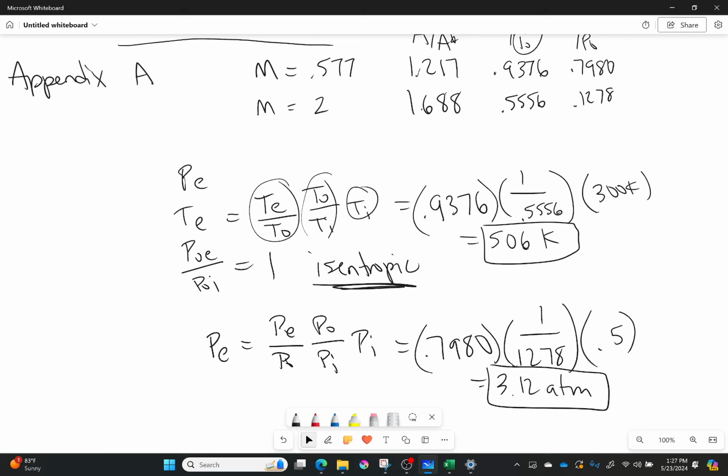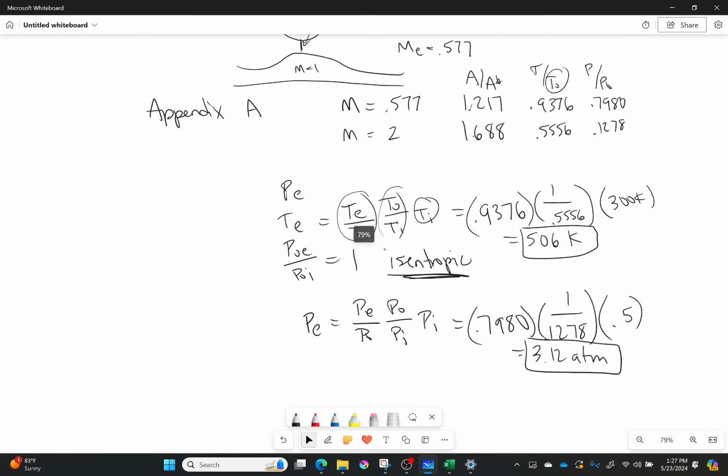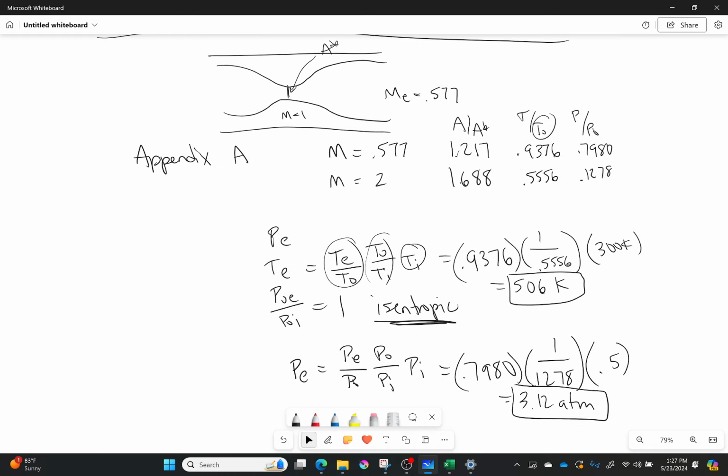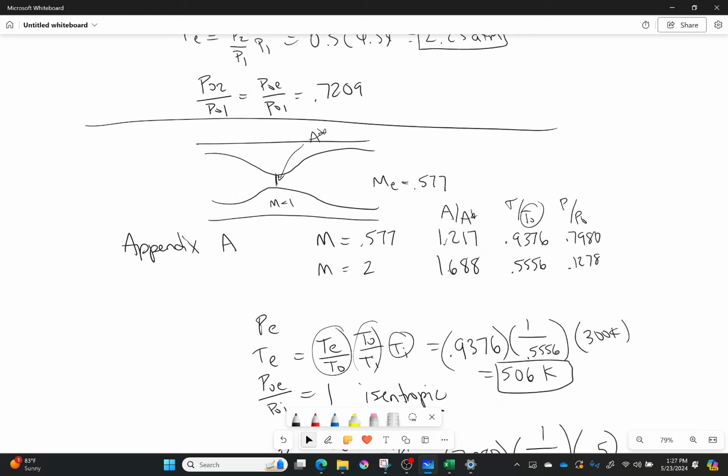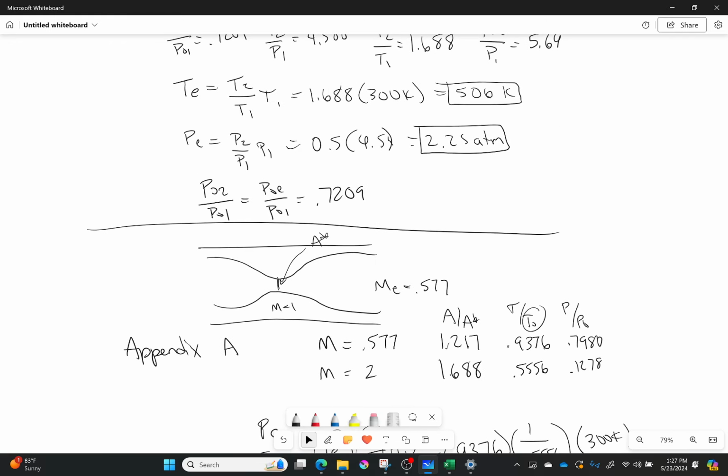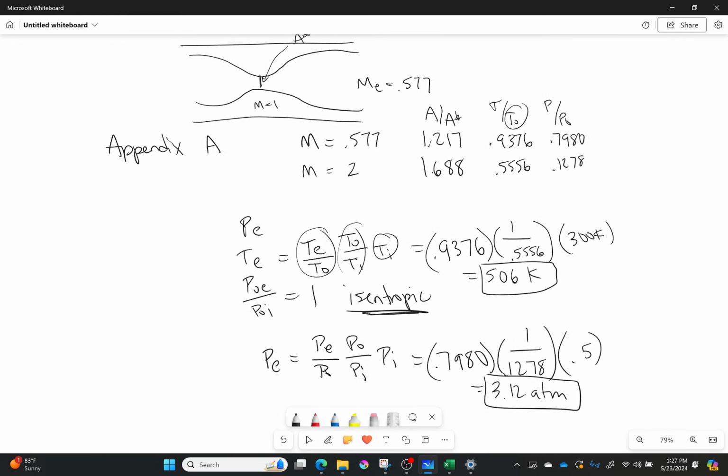Okay, looks good. Now let's compare. So for the same exit velocity, what is happening here? So first off, what I can see is that the exit temperature is actually identical, 506 Kelvin in both cases. The reason for that is because my stagnation temperature was constant the first time as well, so it works out fine there.